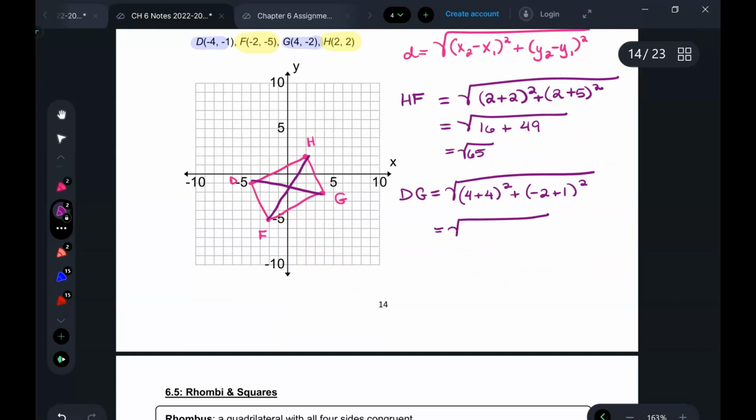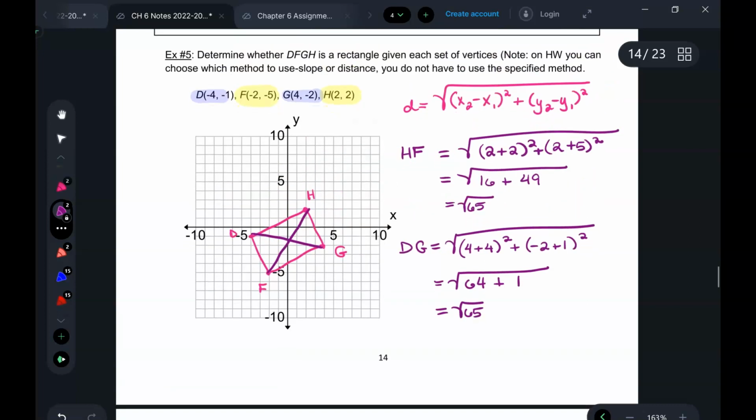So 4 plus 4 is 8, squared is 64. And -2 plus 1 is just 1. Yay, we got that they're congruent. So yes, DFGH is a rectangle. Can I just write yes? Yeah, you can write just yes.